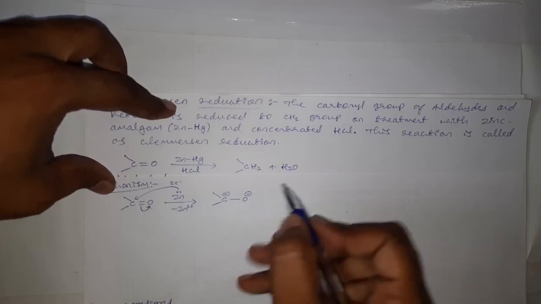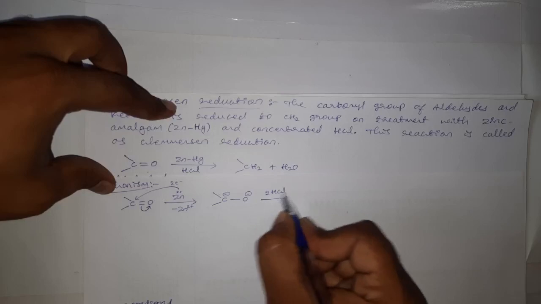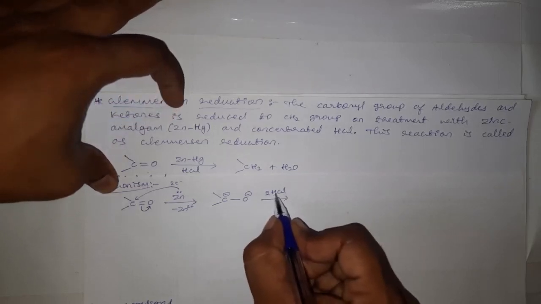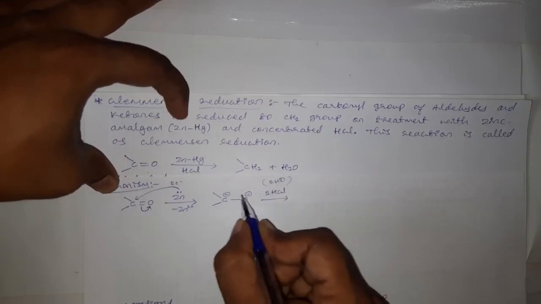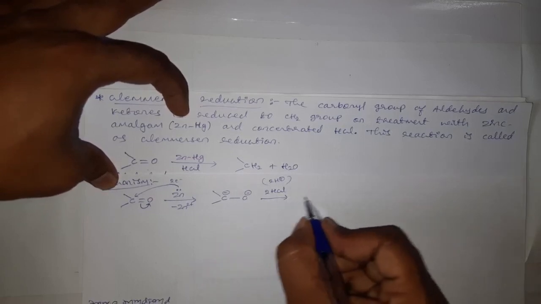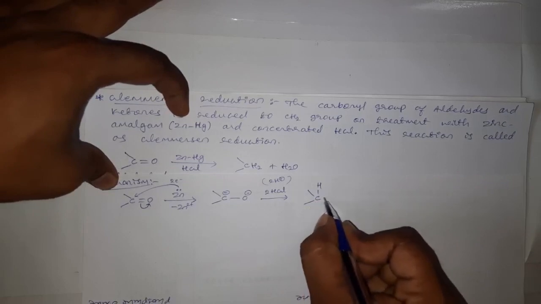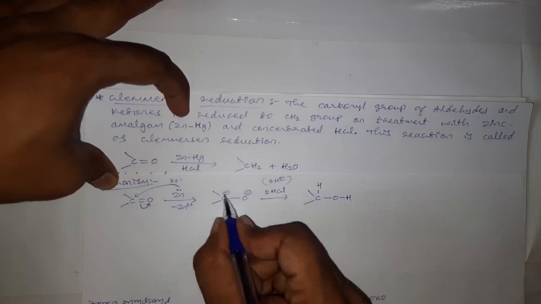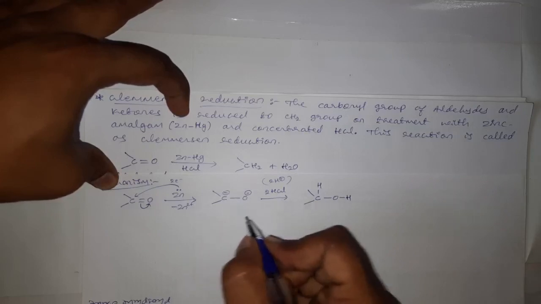Then when it is treated with concentrated hydrochloric acid, two H pluses will add to these two negatively charged atoms, carbon and oxygen, and here we will get CHOH. One hydrogen attaches here, and one hydrogen attaches here also.